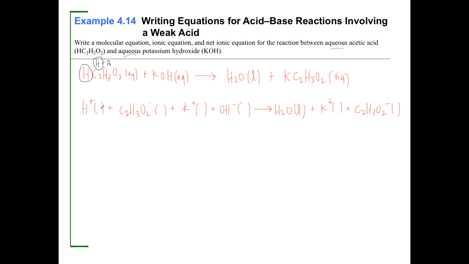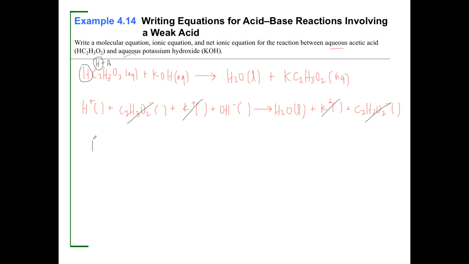Okay? So let's go now through. This is the ionic equation. I've got it here. Let's go through and get rid of the things that don't change. That doesn't change. That doesn't change. That's it, right? Everything else does.